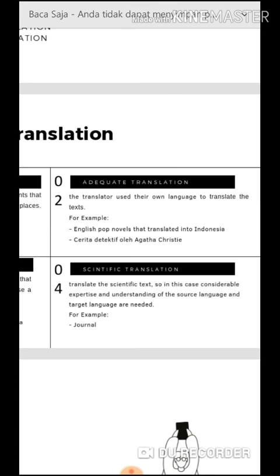Thus, special knowledge will be required. This text requires a deep knowledge of both the source and target language, as well as a proper understanding of the subject. Scientific translators are often trained linguists that specialize in fields such as medicine, biology, or chemistry.